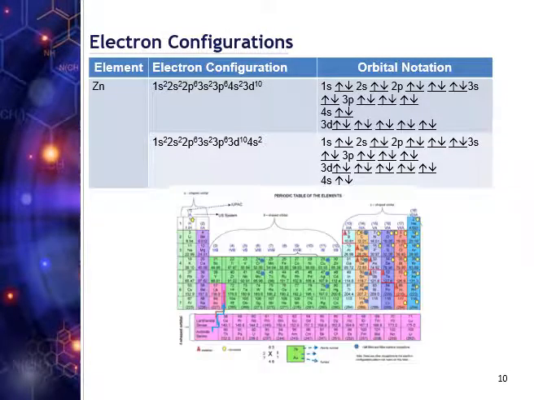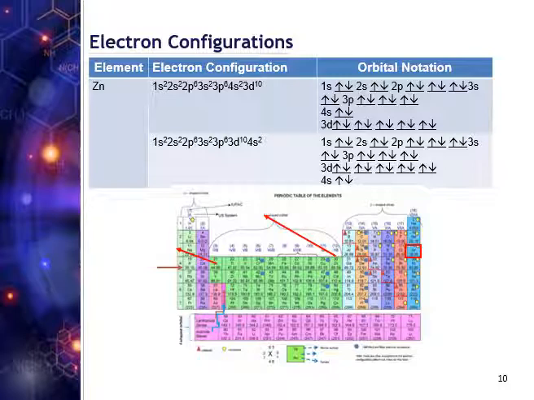Electron configuration of zinc. 1s2 gets you to helium. 2s2, the end of the first section, second row, is beryllium. 2p6 gets you to neon. 3s2 to magnesium. 3p6 to argon. 4s2 to calcium. And then 3d10.